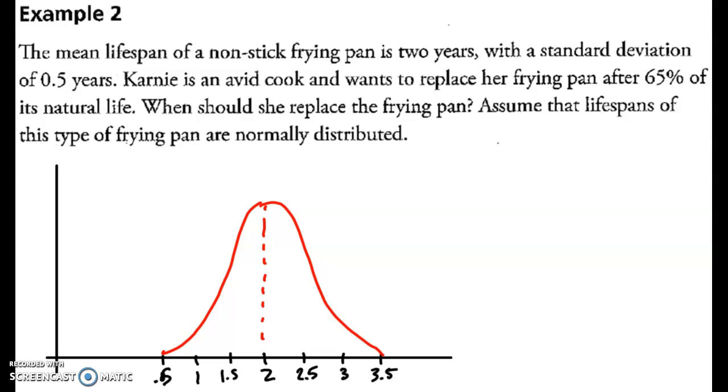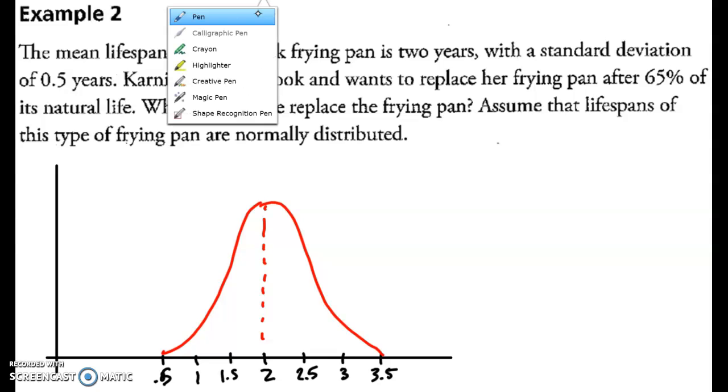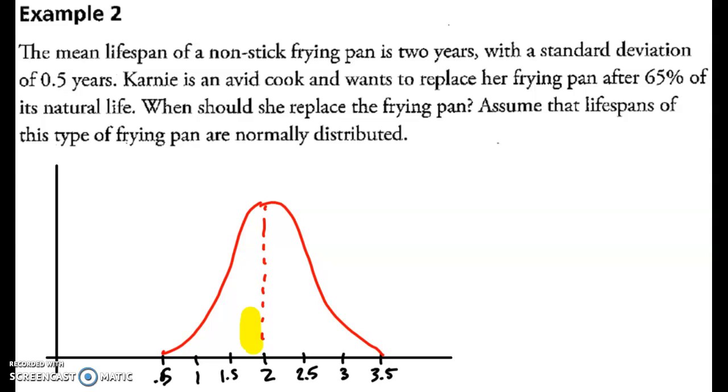Okay, so 65%, if we think about this, we know that this half, of course, is 50%, right? And then one more standard deviation, if I would draw that in right here, of course, that would be 50 plus 34, which would be about 84. So we're looking at about 65, about right there.